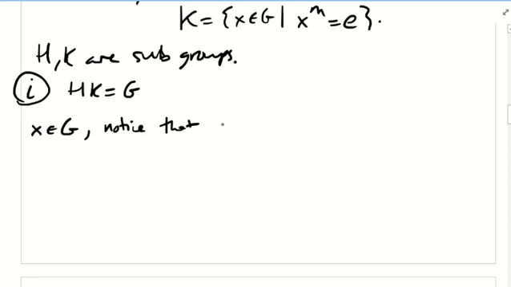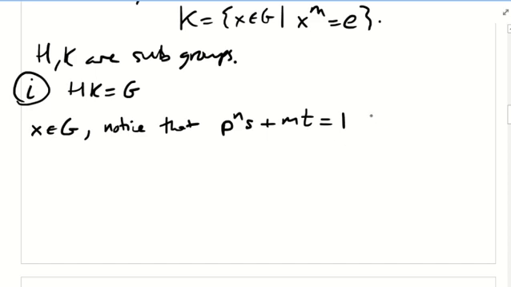So there are numbers s and t so that the linear combination of p to the n and m with those coefficients will add up to 1.